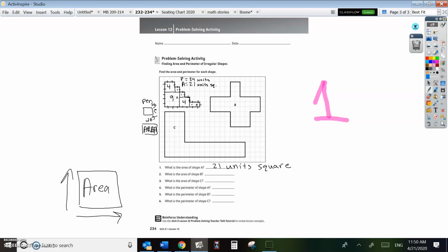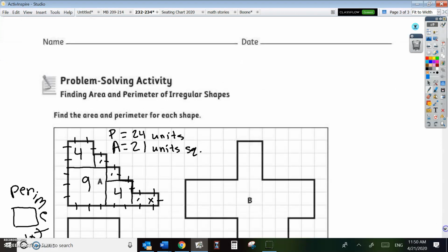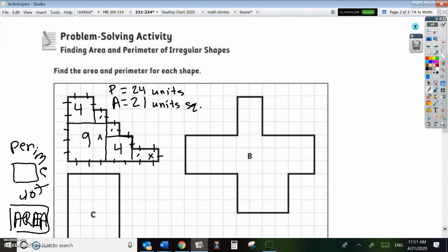What is the area of shape B? So let's find out the area of shape B by making smaller shapes. So let's add some color here. So let's figure out the red box. And then the blue box.